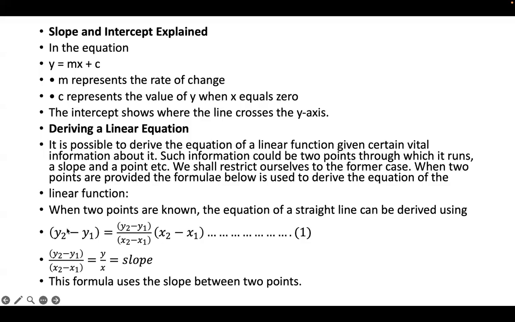So to determine the equation of the straight line, the formula is y minus y1 equals y2 minus y1 over x2 minus x1 multiplied by x minus x1. So this formula uses the slope between the two points.